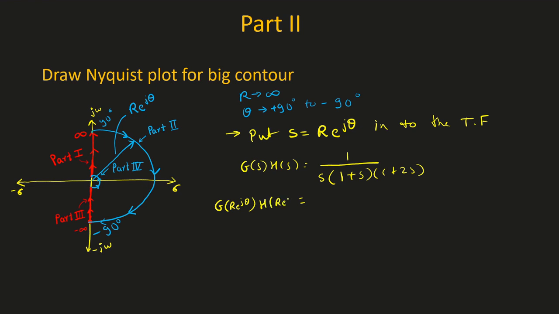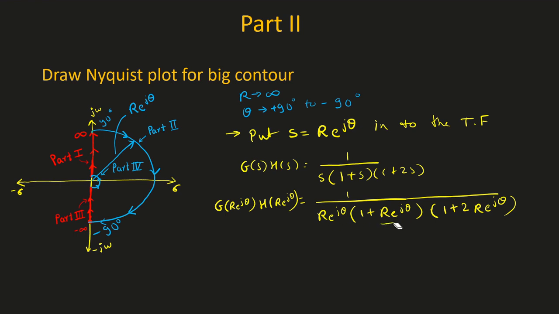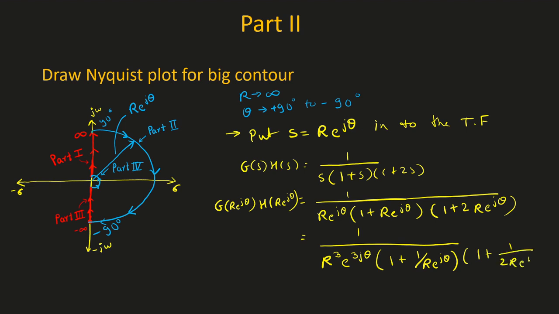Putting S equals R e raised to j theta into this, if we take out R e raised to j theta common from the first bracket and 2 times R e raised to j theta from the second bracket, we will get 1 upon 2 R cube e raised to 3 j theta, into bracket 1 plus 1 upon R e raised to j theta, 1 plus 1 upon 2 times R e raised to j theta.